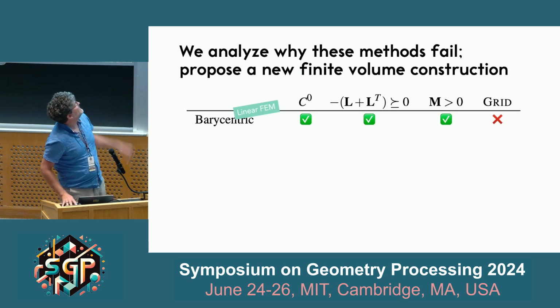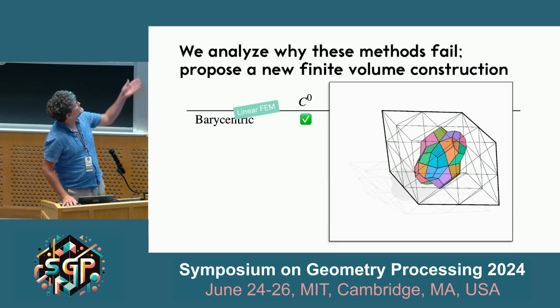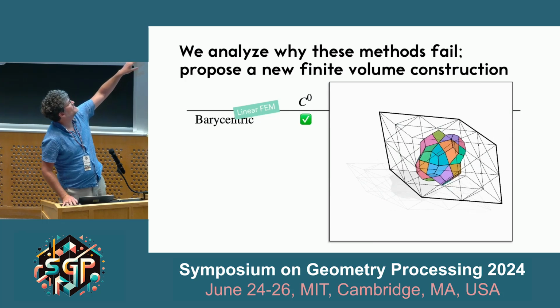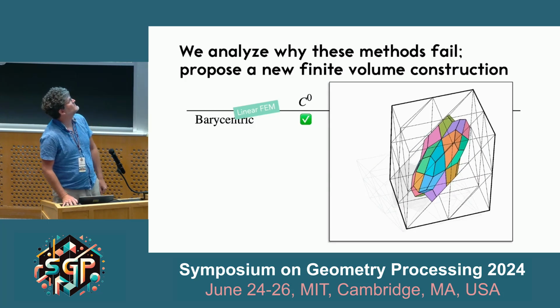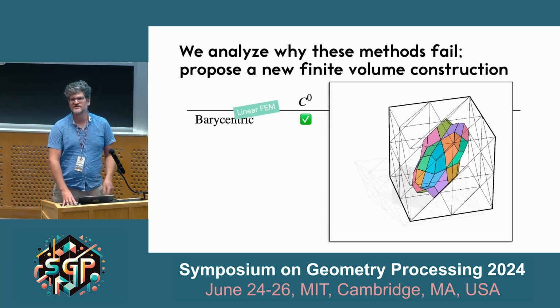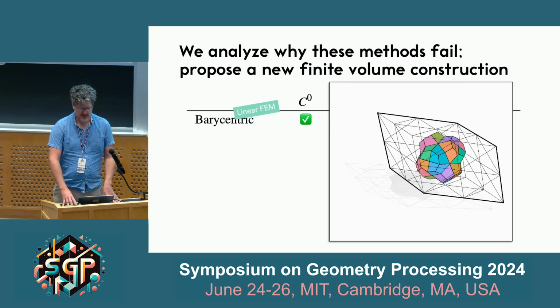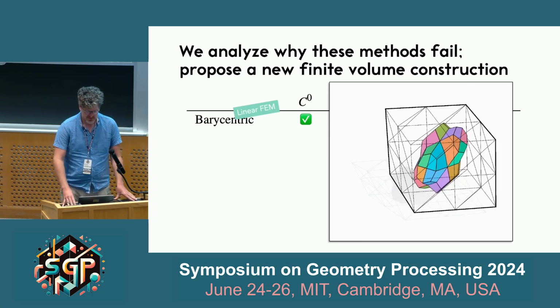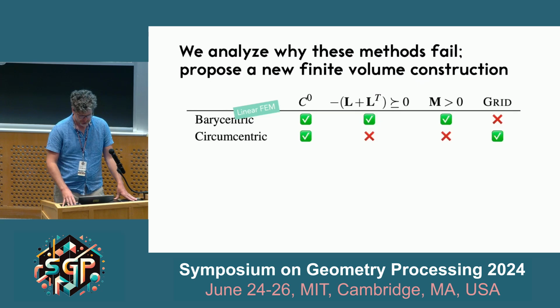Here's an animation of changing a tetrahedral mesh and showing the finite volume around some vertex. And we can see that it changes continuously with the change in the vertex positions of the tetrahedral mesh. But we saw that it performed badly on a regular grid. So I put an X there to indicate that it's biased on that regular grid.